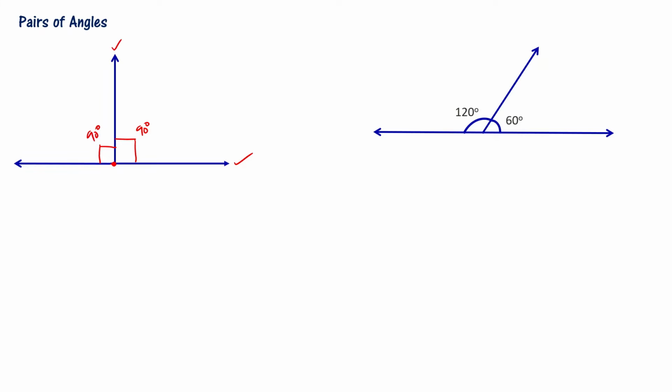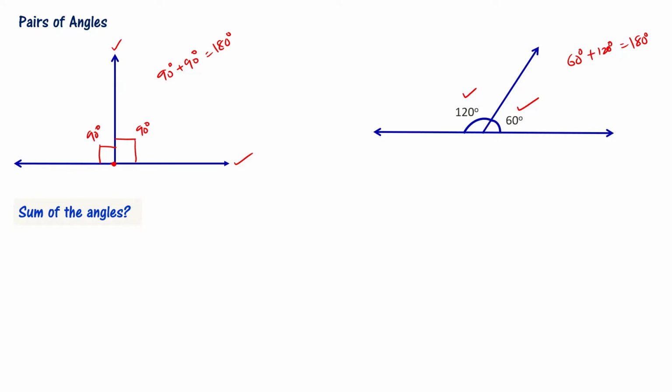Let us look at this. Here also you have a pair of angles, 60 degrees and 120 degrees. Do you find sum of these angles? If you find sum of these angles, this is going to be 90 degrees plus 90 degrees, 180 degrees. And here it is 60 degrees plus 120 degrees. That is also equal to 180 degrees, right?